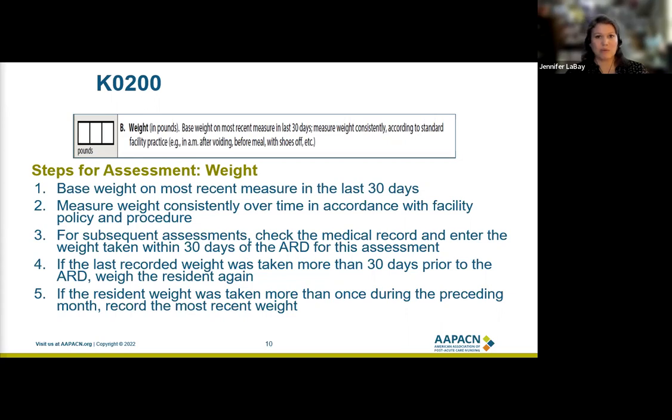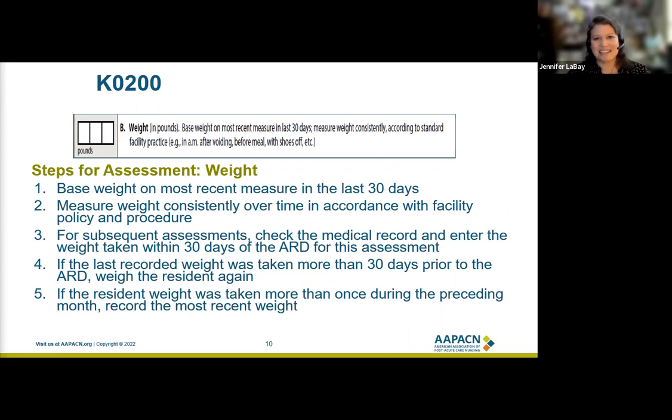We need to make sure that we have had a weight that was completed and assessed within that 30-day window. If there were multiple weights done within that 30-day window, you're going to choose the weight that was closest to the ARD of that assessment. If the last weight is more than 30 days prior and you're still within that observation period, you can get the weight as long as you're within that time frame.